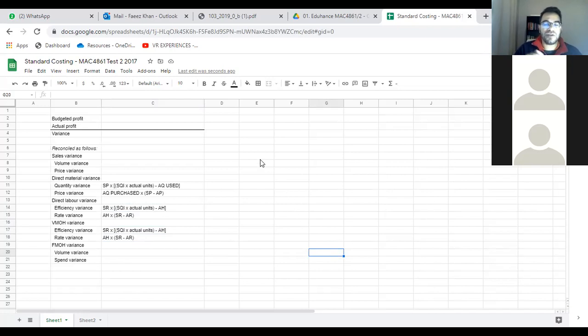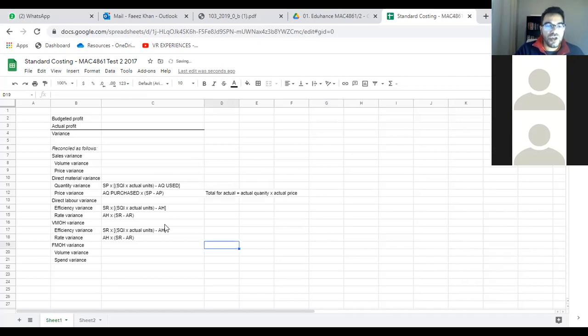Sometimes you're going to have to work out some aspects of the actual information. Remember the actual number: they're generally going to give you a total for actual. So remember, the total for actual equals actual quantity times actual price.